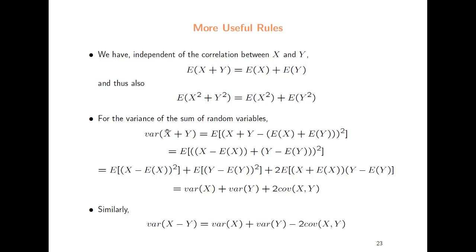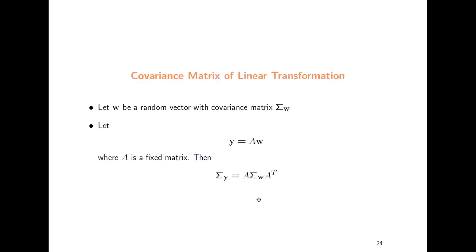And for the variance of the sum of two random variables, the variance of x plus y is the same as the variance of x plus the variance of y plus 2 times the covariance of x and y. And the variance of the difference, x minus y, is the variance of x plus the variance of y minus 2 times the covariance of x and y. Again, now we are getting a little bit advanced, but these are equations we will need later in the lecture.